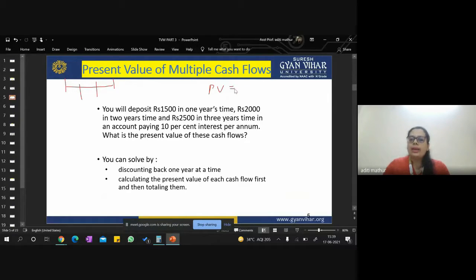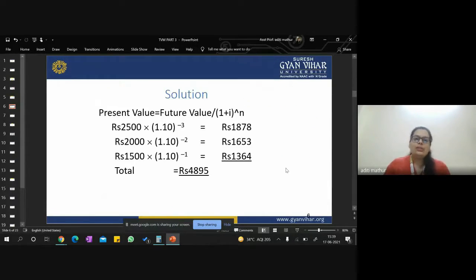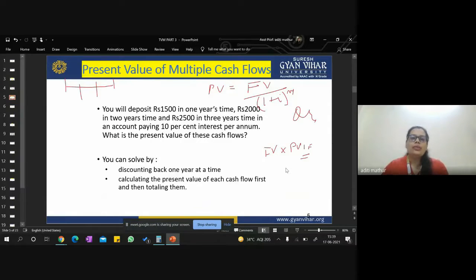Present value is equal to future value divided by (1 plus i) to the power of n, or future value into the present value index factor. Now let us see the question which we have to do.